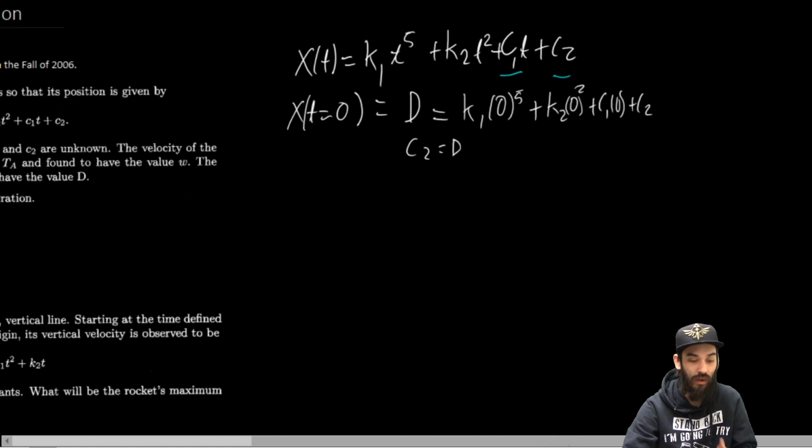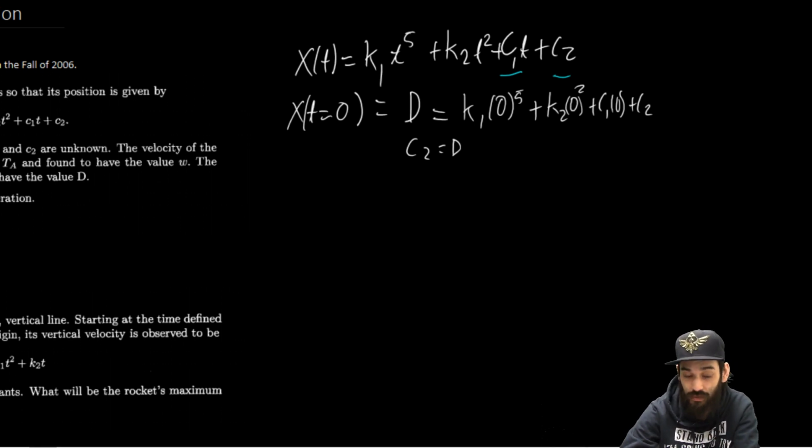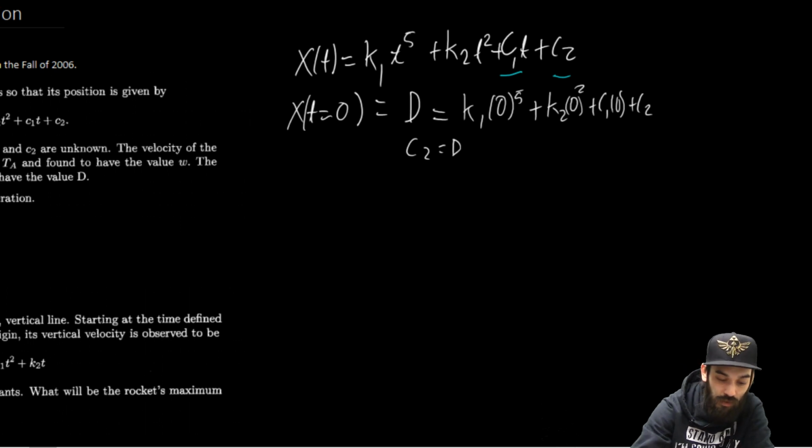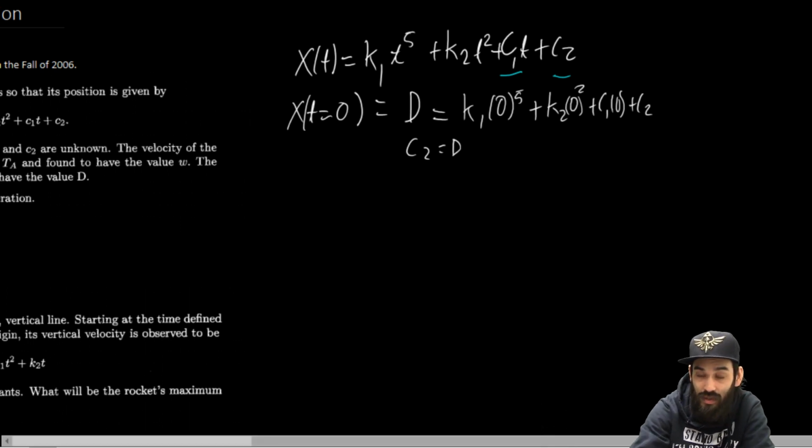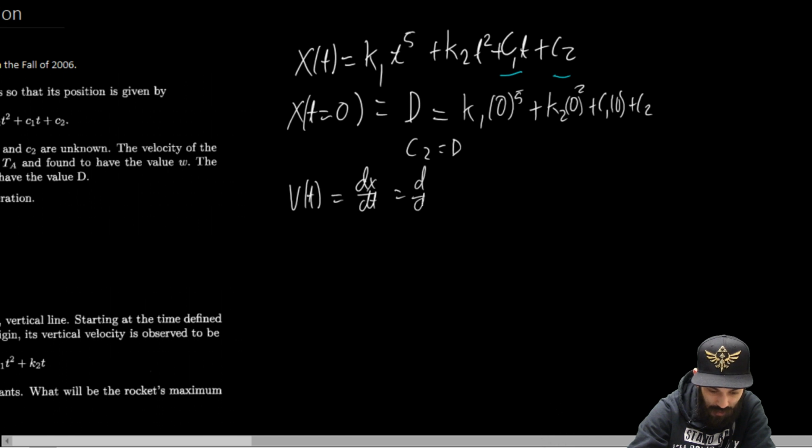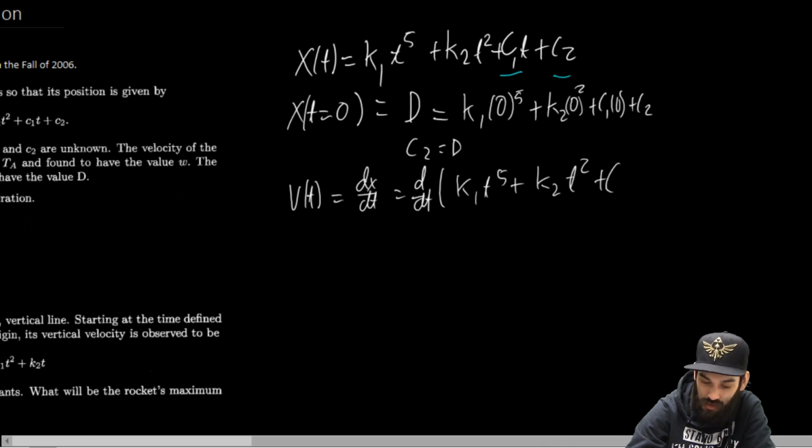Okay. Now, the next thing we can do is determine what the velocity as a function of time is, because we know the relationship between the velocity and the position as a function of time is given by v of t is equal to dx/dt, which is equal to d/dt of k1 t to the fifth plus k2 t squared plus c1 t plus c2.